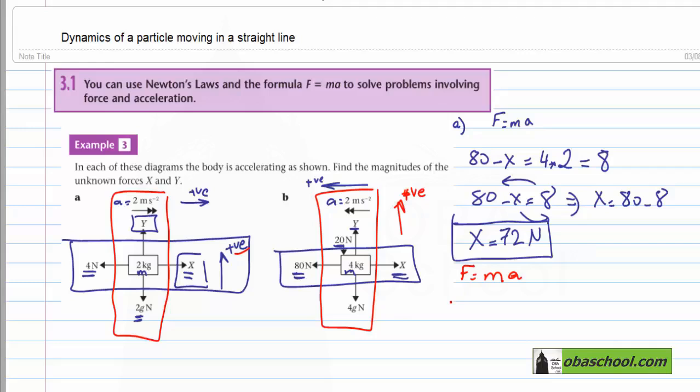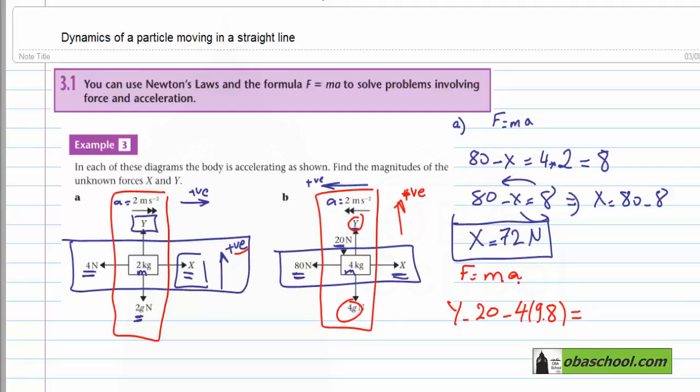There is y positive directed upwards. There is the 20 newtons force that is negative since it is directed downwards opposite to the positive direction. And 4g that is negative since it is directed downwards. This is the weight. Then the equation becomes y minus 20 minus 4g.